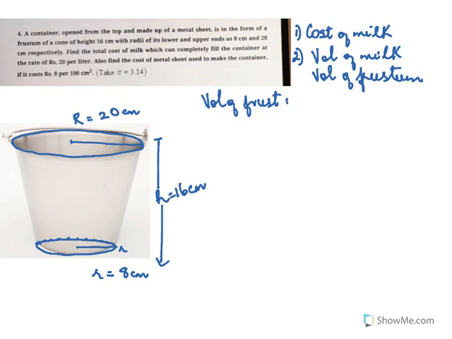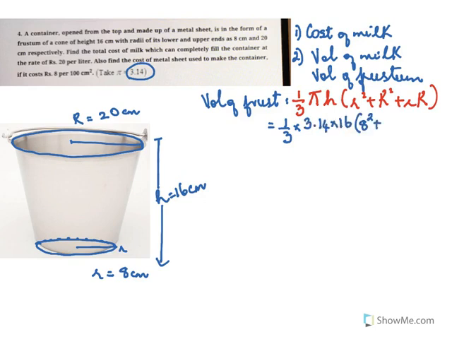Let's use the formula, and here's the formula: 1 by 3 pi h (R square, r square, and R into r). And we know all the values, and we'll put them in. Now remember, the pi they said is to be taken as 3.14. So it goes 1 by 3 into 3.14 into 16 into 8 square, 20 square, 8 into 20.